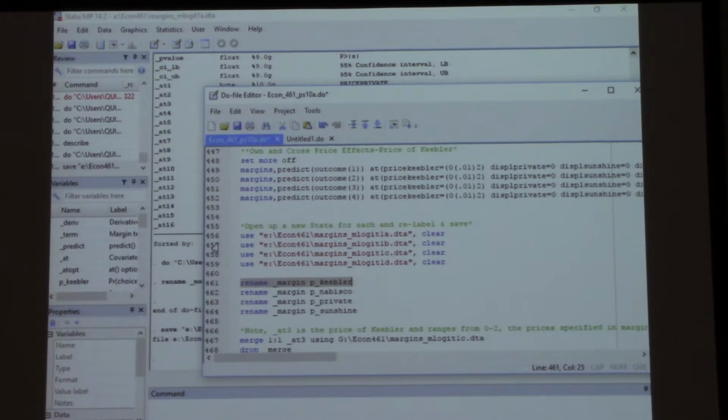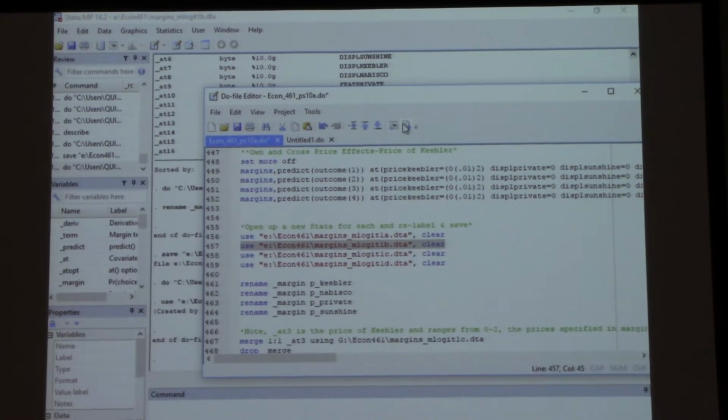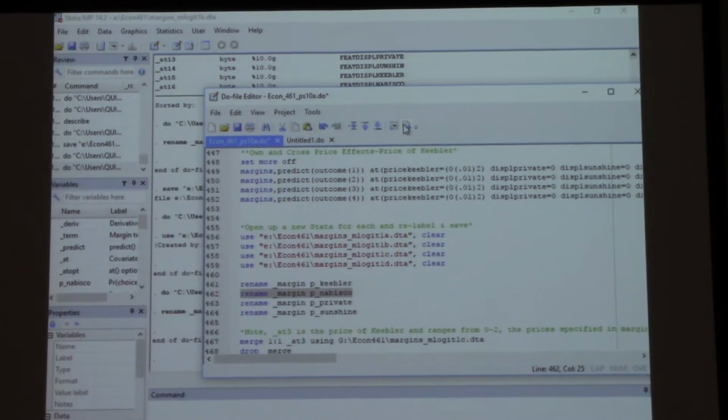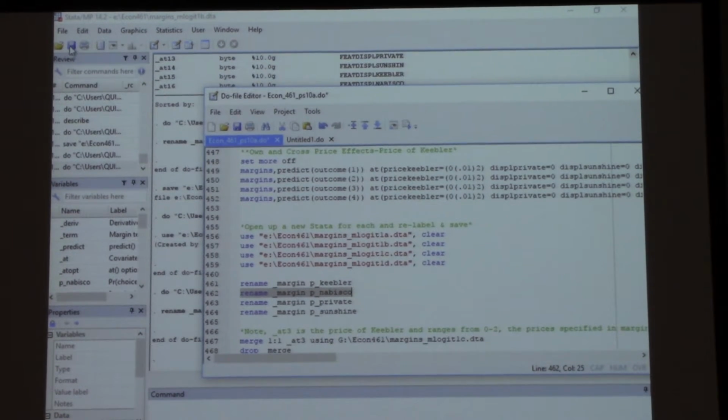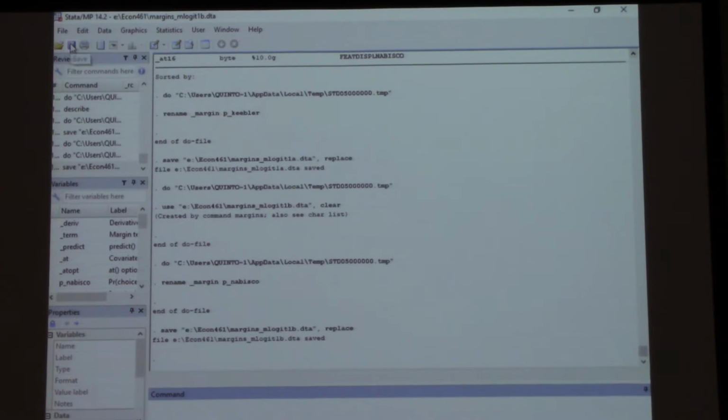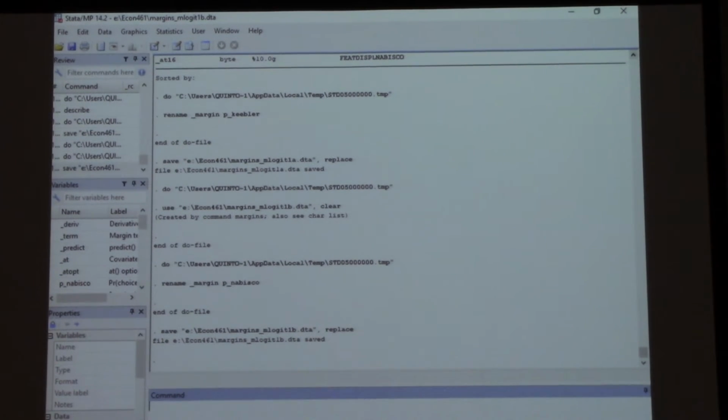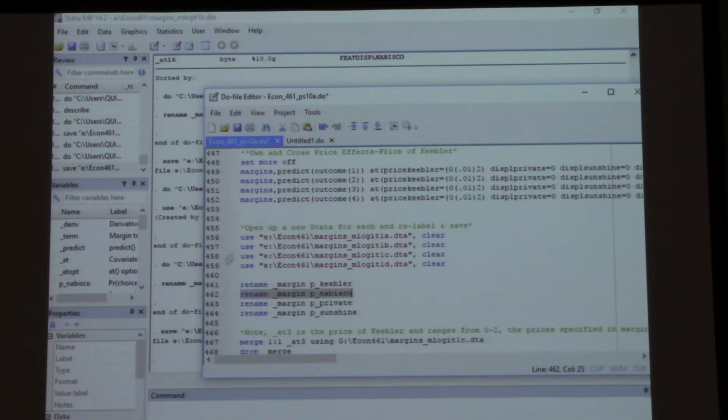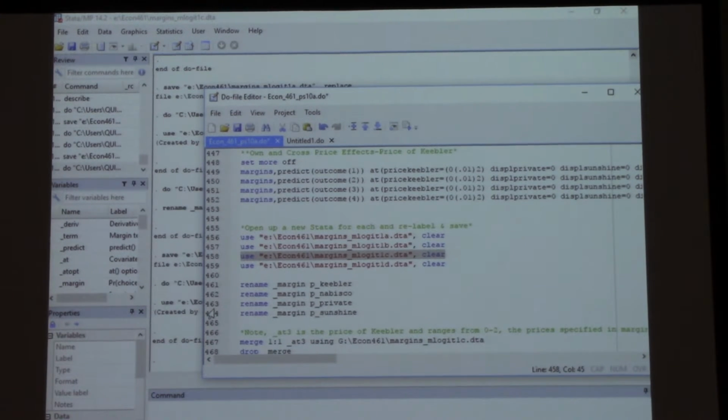I'm going to do that for this one. This is a cross price effect. I'm going to rename that P Nabisco. Save it here. Maybe I could have done this all in one, but I wanted to show it. And this one, I know it's private.